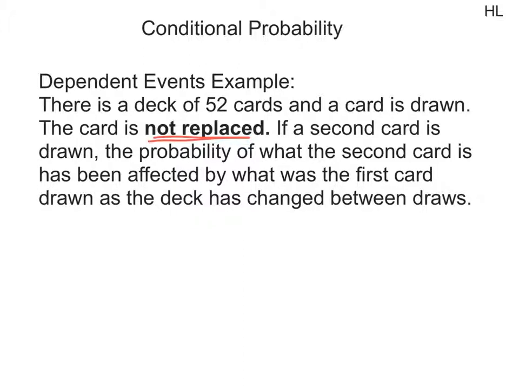If a second card is drawn, the probability of what the second card is has been affected by what was the first card drawn, as the deck has changed between draws. The conditional probability of B given A is written as P(B|A).